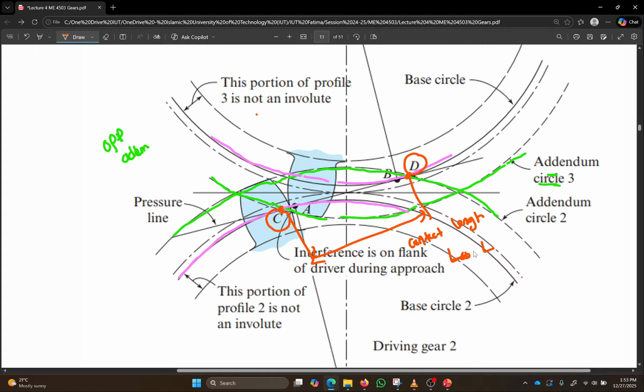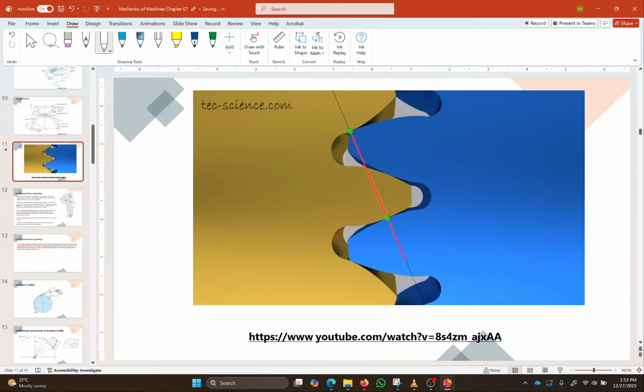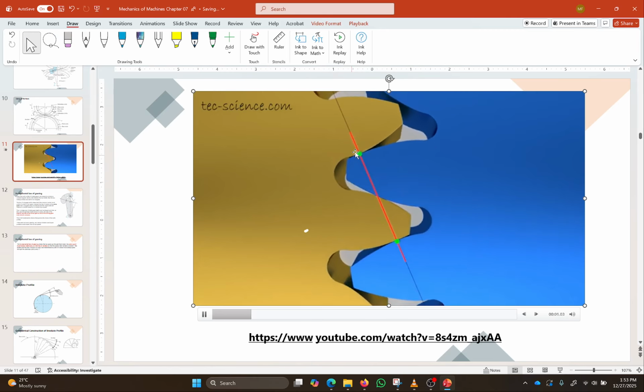Why is it called the contact length? Because only when the opposite addendum circle and base circle meet at this point does teeth contact start. We saw a video where the teeth start contacting.